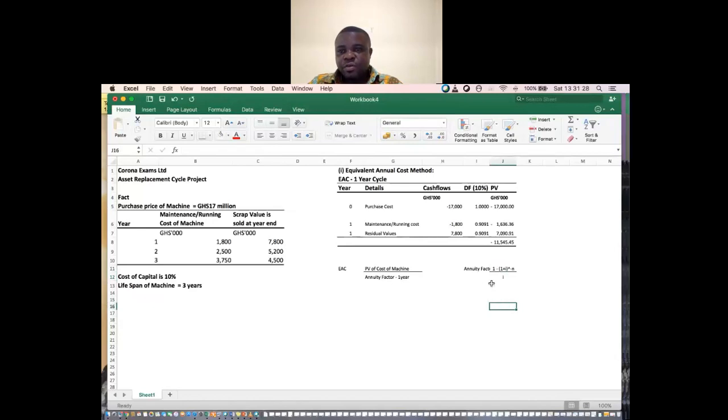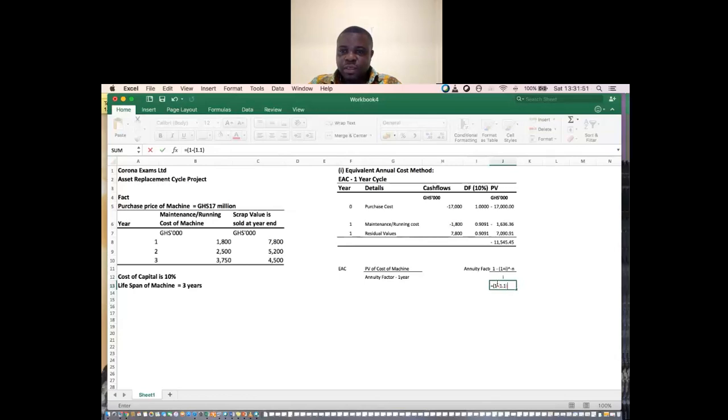Okay. So if you have this one, all we do is insert the formula into it. So we have 1 minus 1.1 to the power negative 1, because this is annuity. We will still get 0.91 something because it's to the power 1.